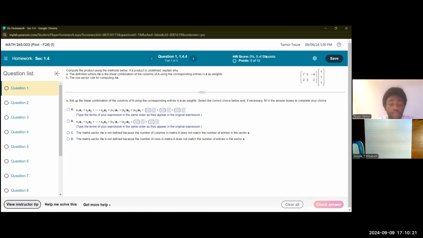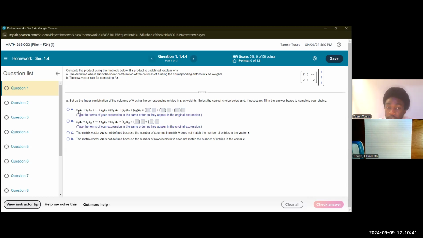X is this vector of ones, right? Yeah, that makes it easy. The definition: a linear combination of the columns of A using the corresponding entries in X as weights. Select the correct choice below, and if necessary, fill the answer boxes to complete your choice.